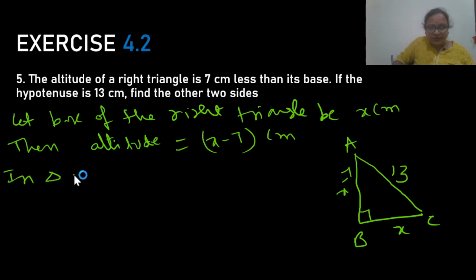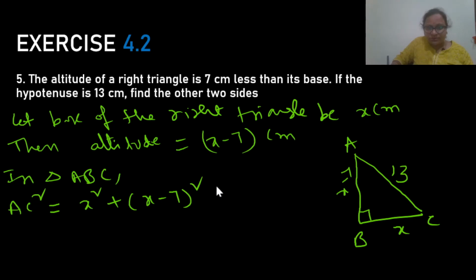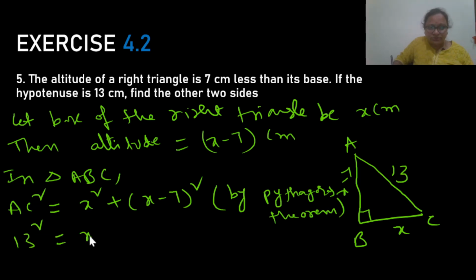In triangle ABC, AC square, hypotenuse square, is equal to the sum of the squares of the other two sides, that is x square plus x minus 7 whole square, by Pythagoras theorem. So 13 square is equal to x square plus x minus 7 whole square, which is a minus b whole square.